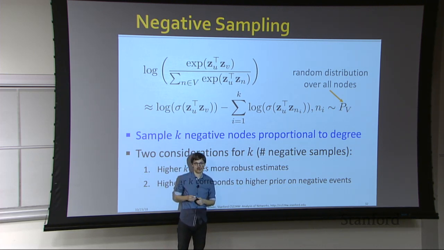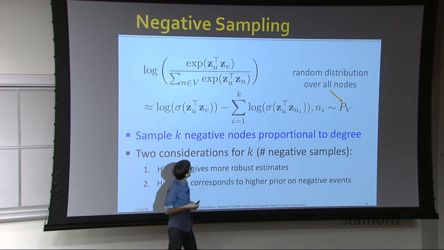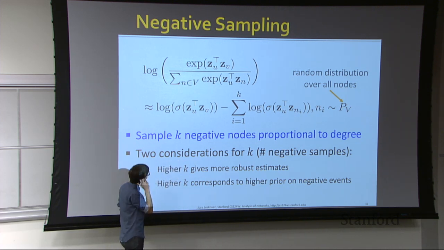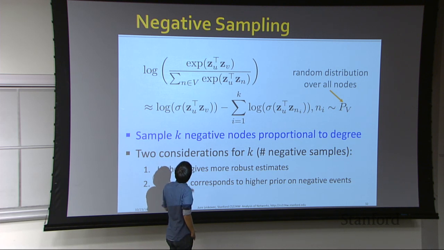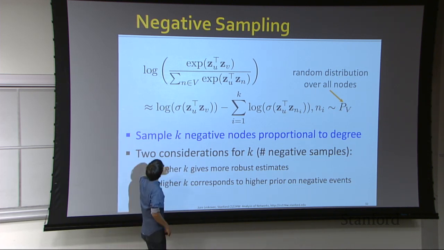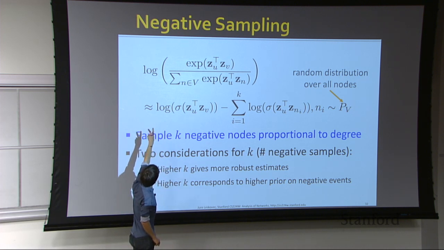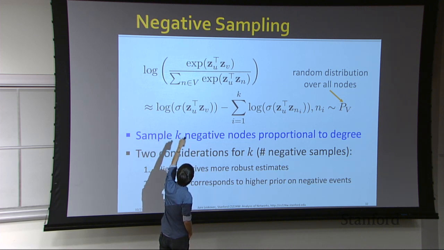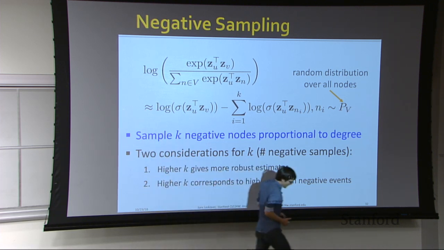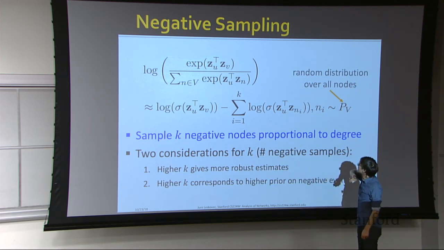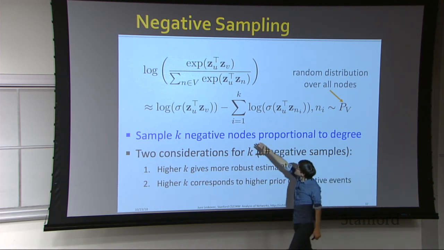Question? Why is the summation outside the log? Good question. The way you can really think of this is that I want to approximate this part, and the way I will approximate it is by sampling.